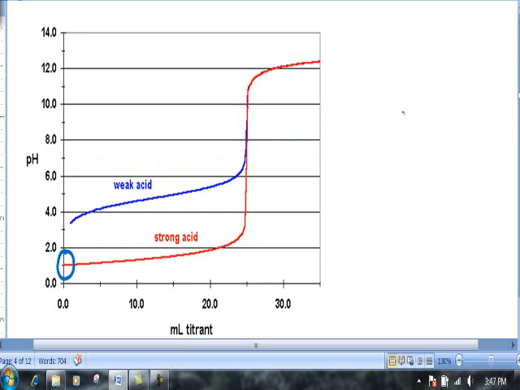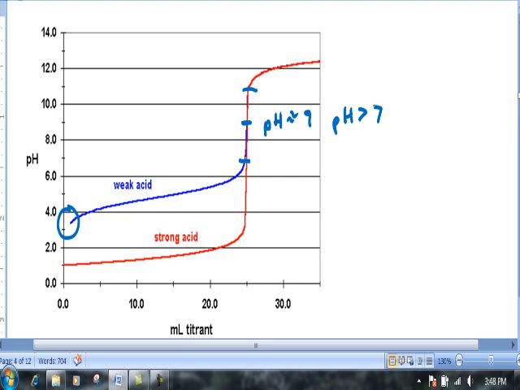On the other hand, if we look at our weak acid strong base titration, we see that our initial pH is a little bit higher, and then our equivalence point, which is the midpoint of the vertical break here, would fall right about here, and it looks like we have a pH which is right about 9, which is certainly a pH greater than 7, which would be a characteristic of the equivalence point of a weak acid strong base titration.